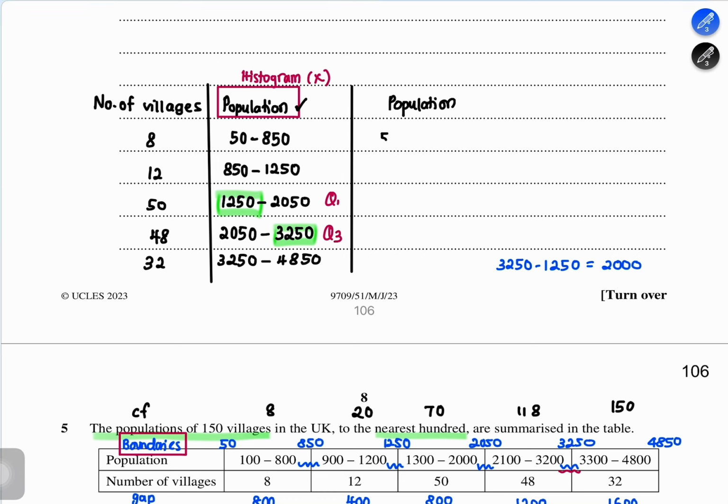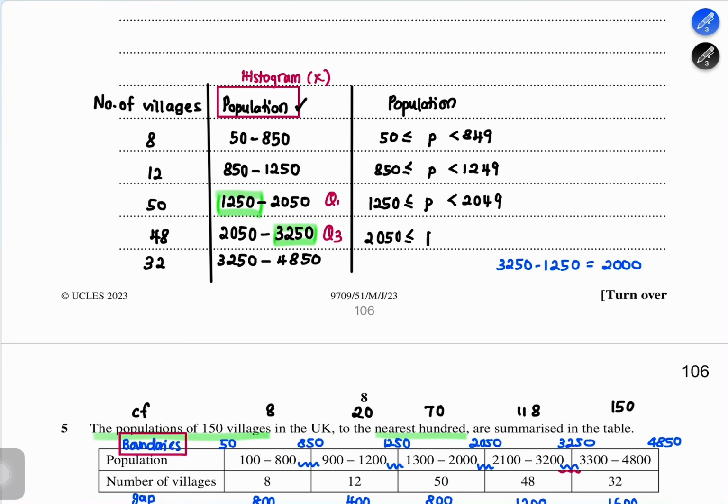So what you should do, let's say in the first village, I could say I have 50 people up till 849, so that the 850 inclusively belongs to the second class interval. Then here you have 850 to 2049, and this one is 2050 to 3249, and then so on. Let me just put a P for population.